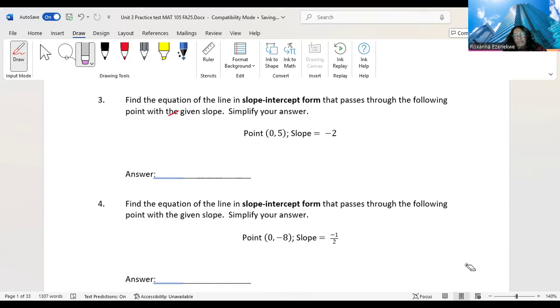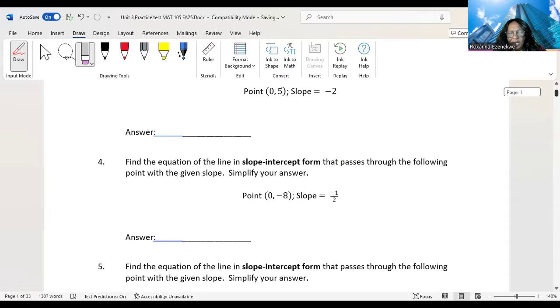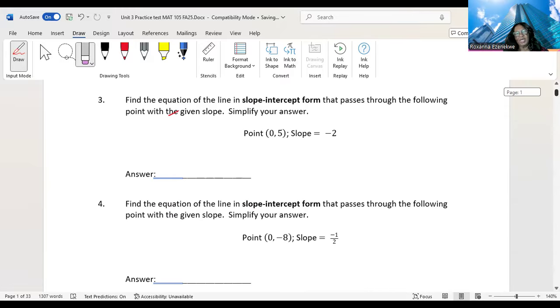I'm just going to select 15, not more than 17. I want you also to know that I'll select them from this practice test, but when I select, I reshuffle them so that the numbers will not be exactly the same.